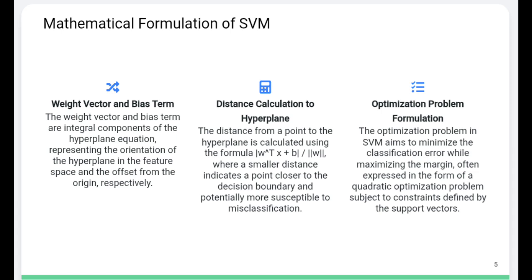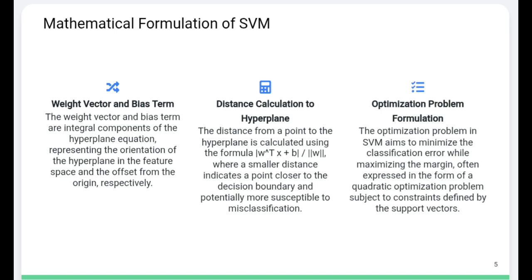Next is optimization problem formulation. The optimization problem in SVM aims to minimize the classification error while maximizing the margin, often expressed in the form of a quadratic optimization problem subject to constraints defined by the support vectors.